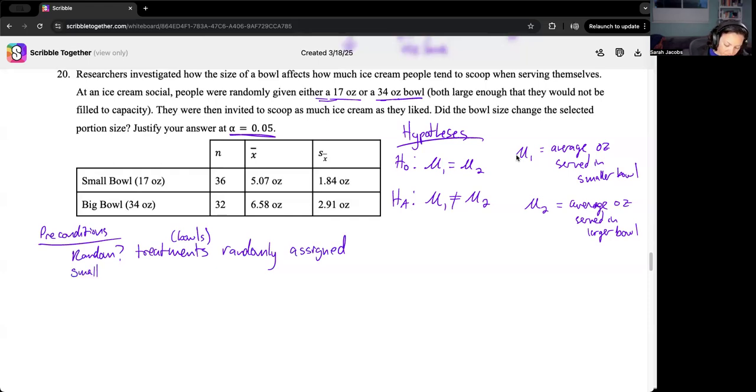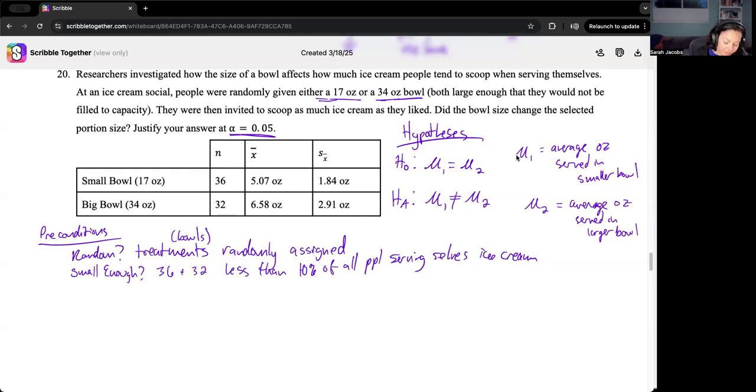Small enough? Well, we are sampling without replacement. So 36 and 32 is reasonably less than 10% of all people serving themselves ice cream.